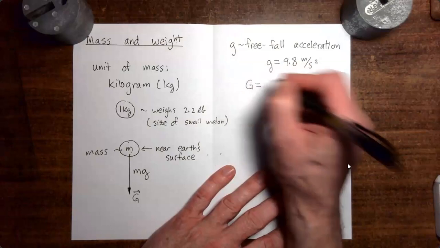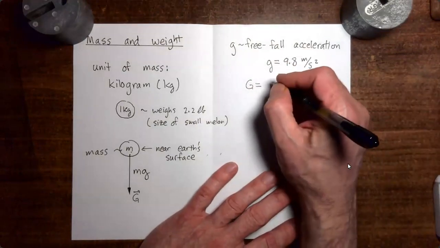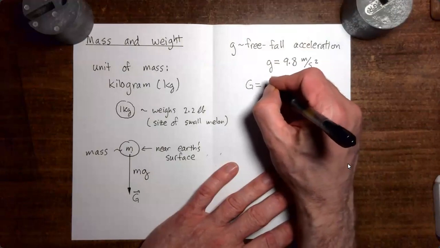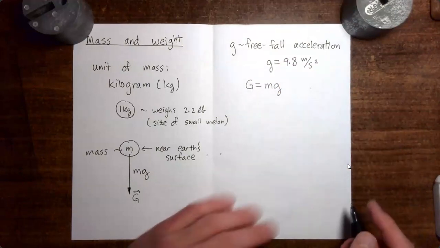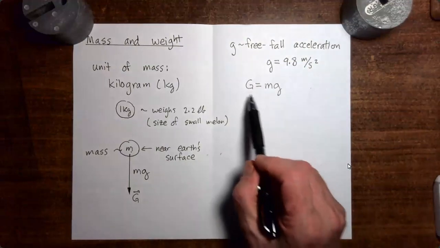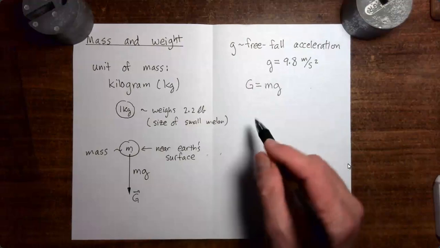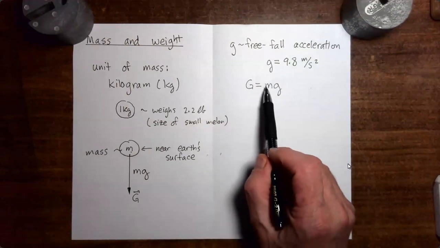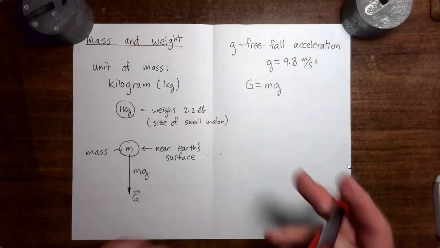All right, so if I take this expression from before, I can write that as an equation now. I can say that the magnitude of the gravitational force on an object of mass m near the Earth's surface is the mass times the free fall acceleration. Now, this equation implies a relation between the unit of force, the unit of mass, and the unit of the free fall acceleration.